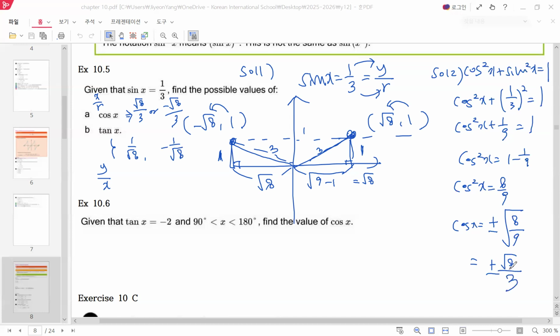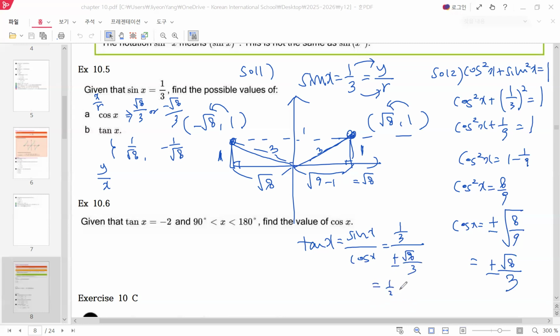Do you understand? After finding this cosine value, for tangent x, again we are using the relationship between trigonometric ratios. Tangent x can be defined as sine x over cosine x. So sine x is 1 over 3, cosine x is either plus or minus square root 8 over 3.